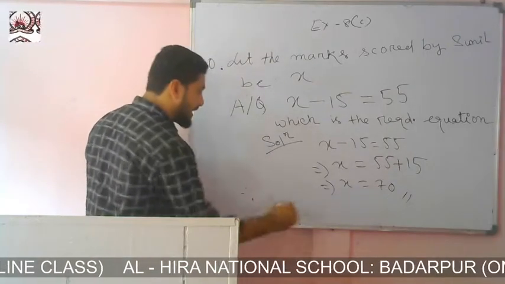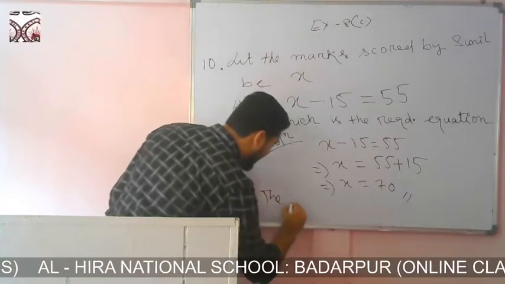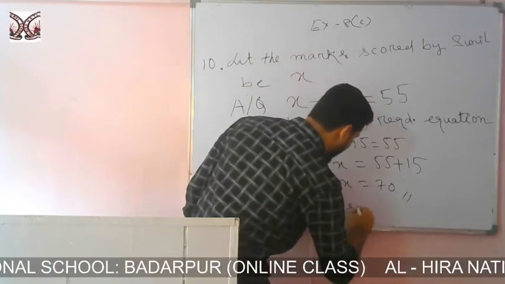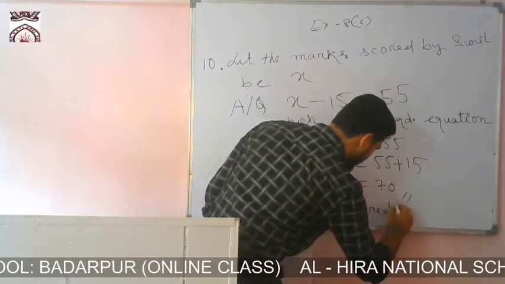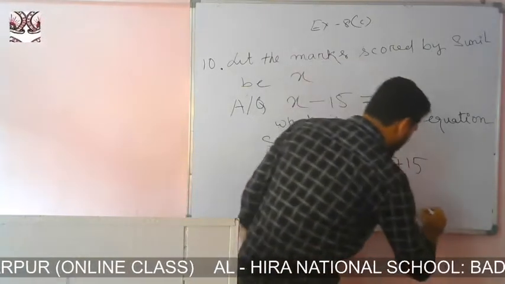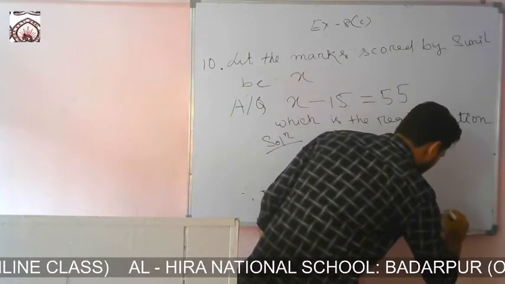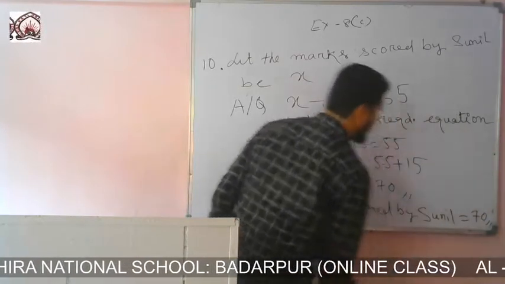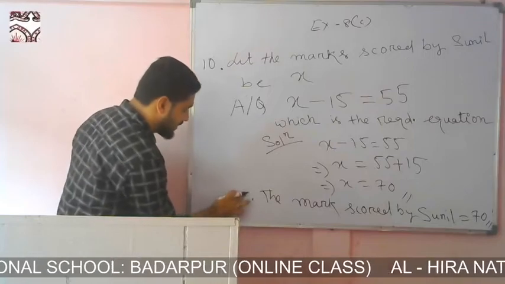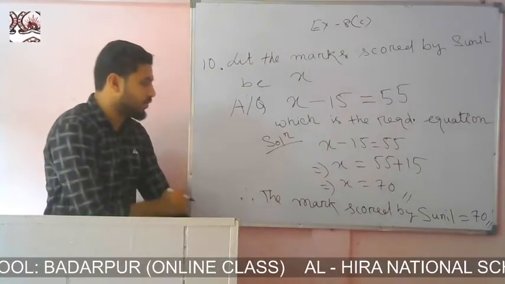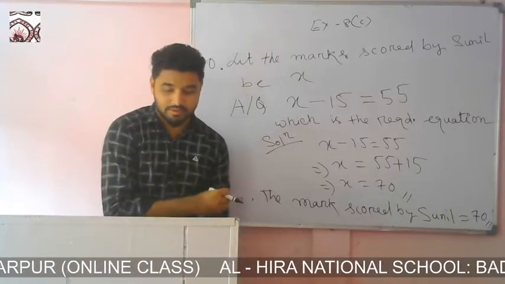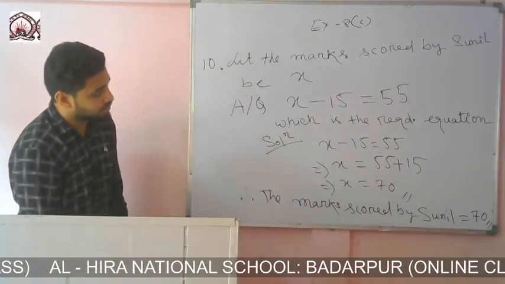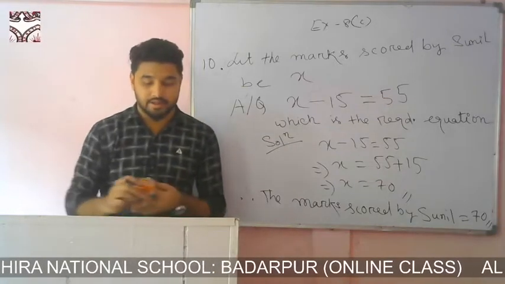Then you can write, therefore the marks scored by Sunil equals to 70.